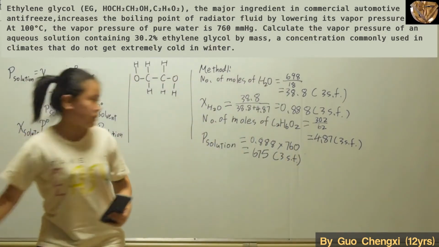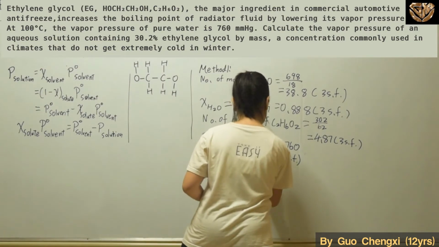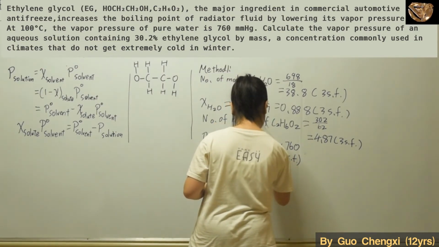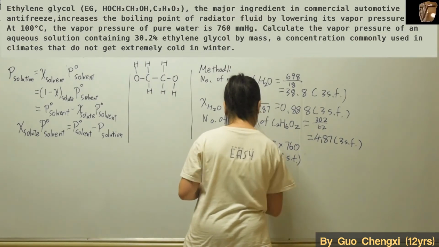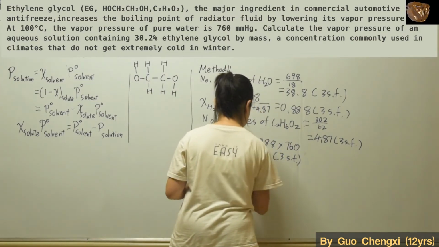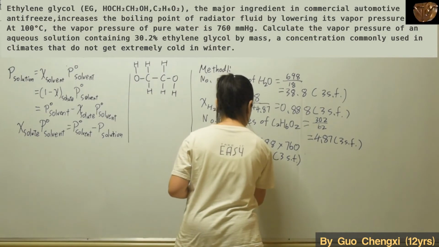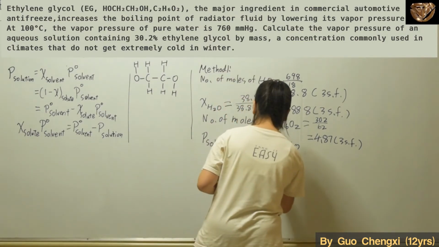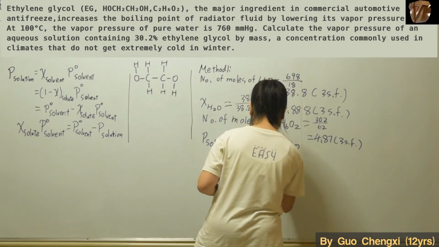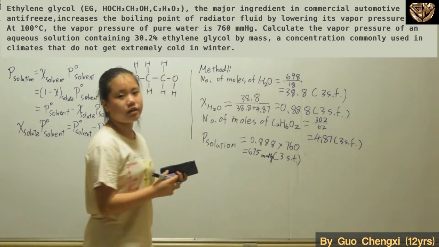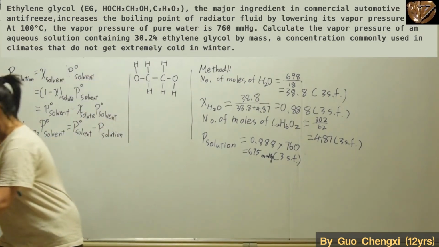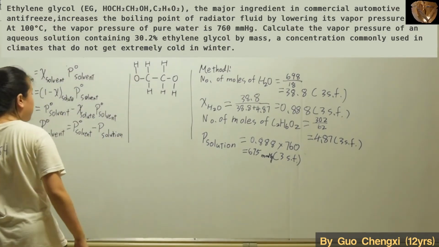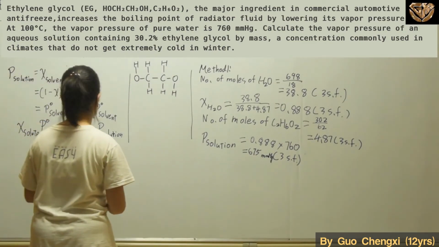I forgot to write the unit, which is mercury height. So for this part it is 675 mercury height, and now we're going to move on with the second method.